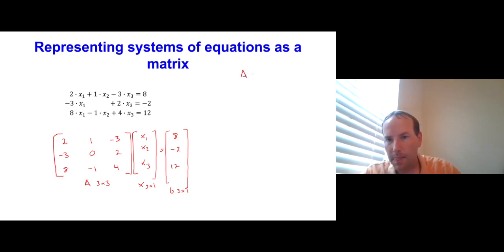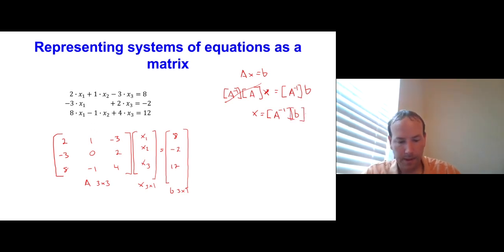Basically, if our system is AX equals B, then if you multiply both sides by the inverse of A, then this term crosses out, and you're left with X equals inverse of A times B, like this.